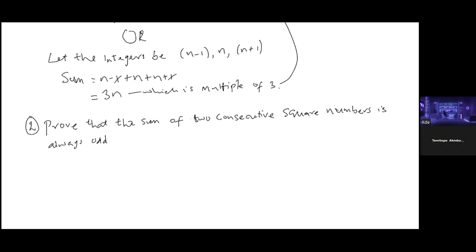Prove that the sum of two consecutive square numbers is always odd. I want you to attempt this. Let me see how you are going to fare.